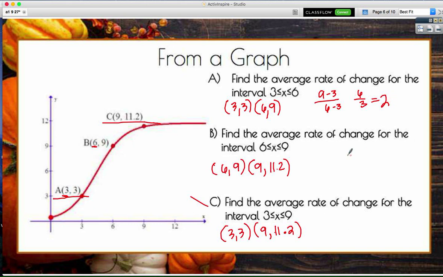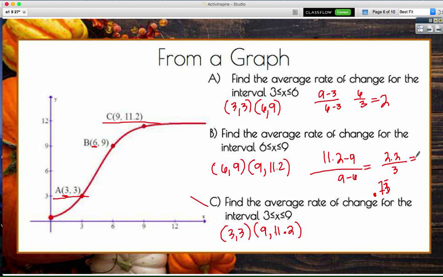Sutherland, what'd you get for the second one? Oh, you're still going? Okay. 2.2 over 3. Okay, did that reduce to anything else? What'd you get it as a decimal? 0.73 repeated. Oh, okay, couldn't hear him.